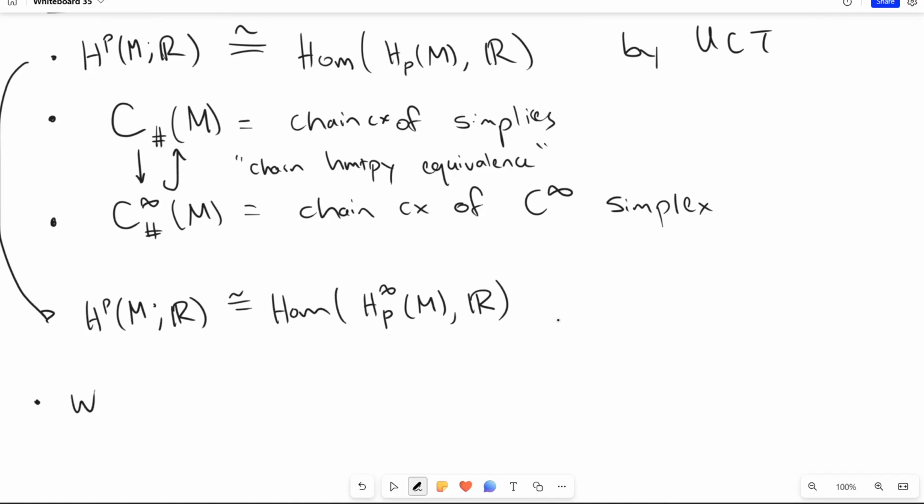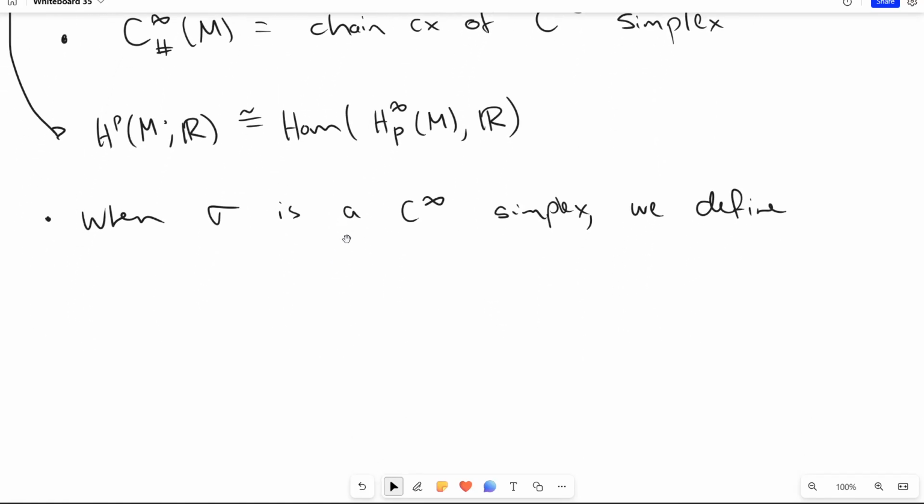So now we can say, when sigma is a C infinity simplex, we define the integral over sigma of omega. We define this to be the integral over the manifold with corners delta p.